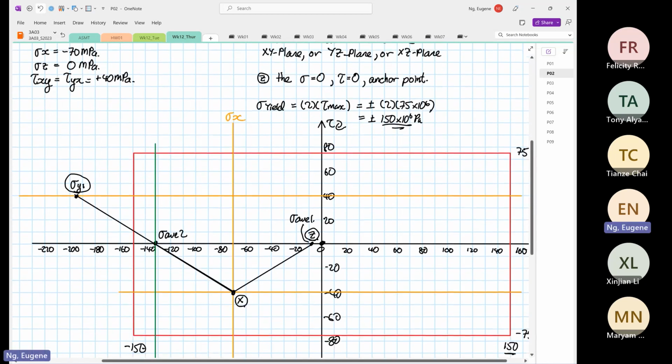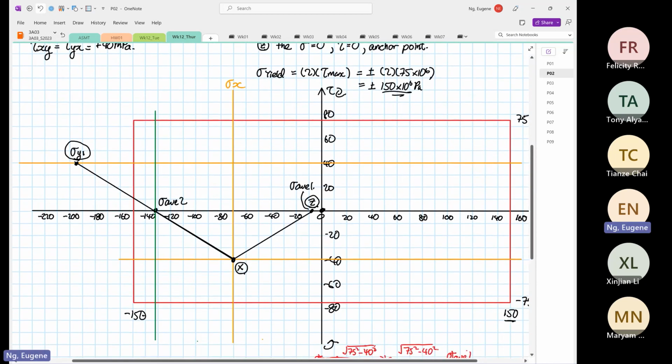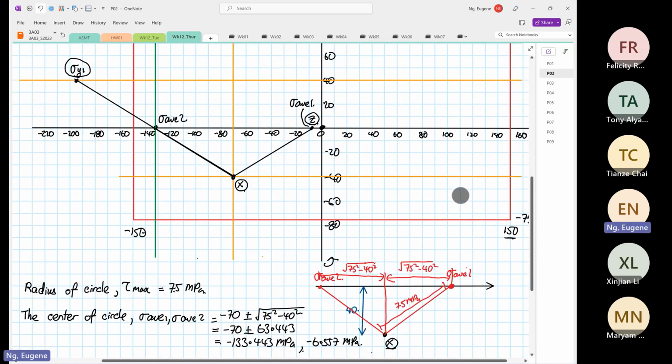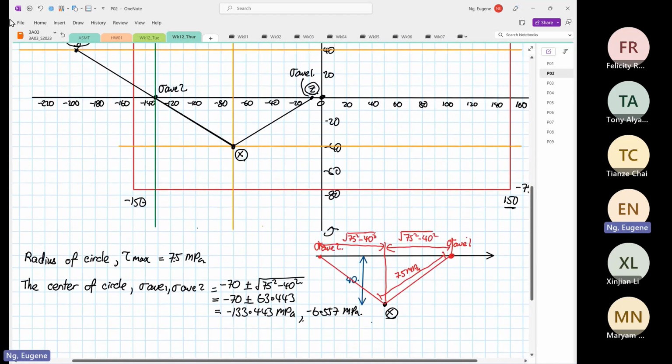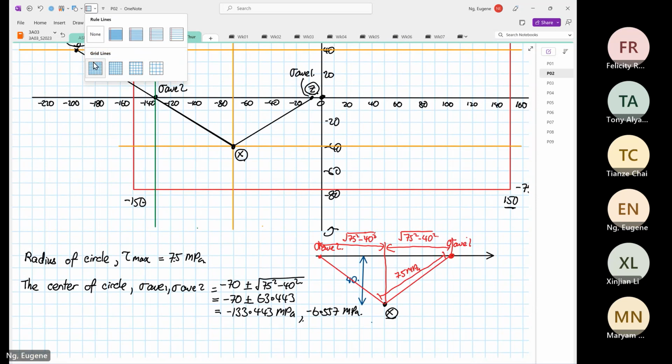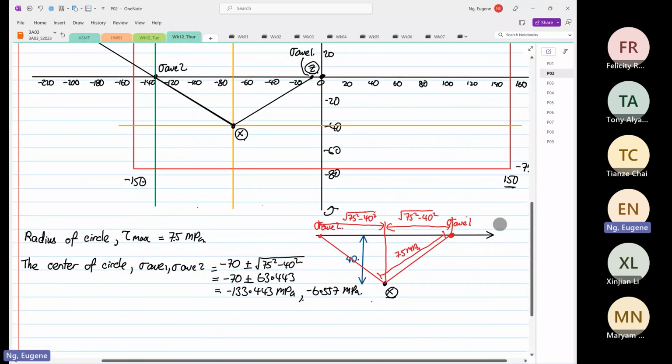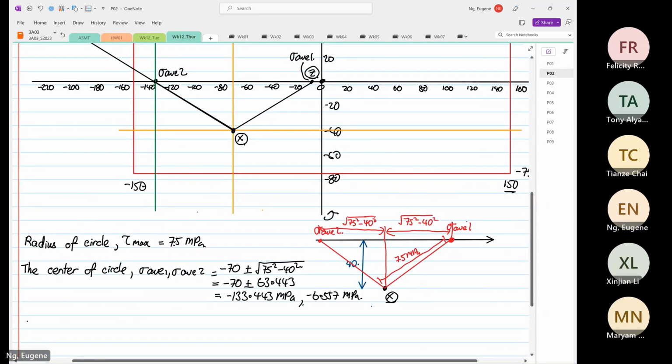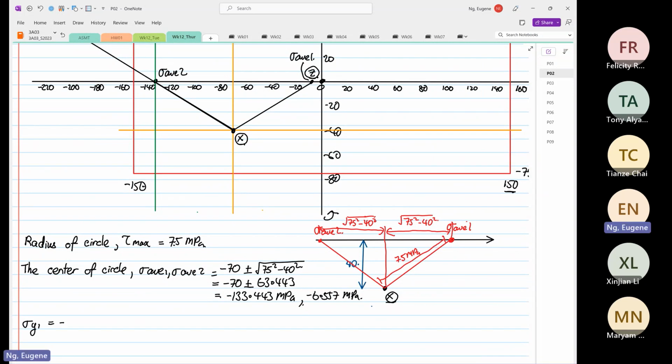Right. So now we can calculate stress Y1. Okay, I know this is not a possible answer, but we're still going to do it. Right. So stress Y1 is equal to minus 133.443, right? Where that is the stress average.